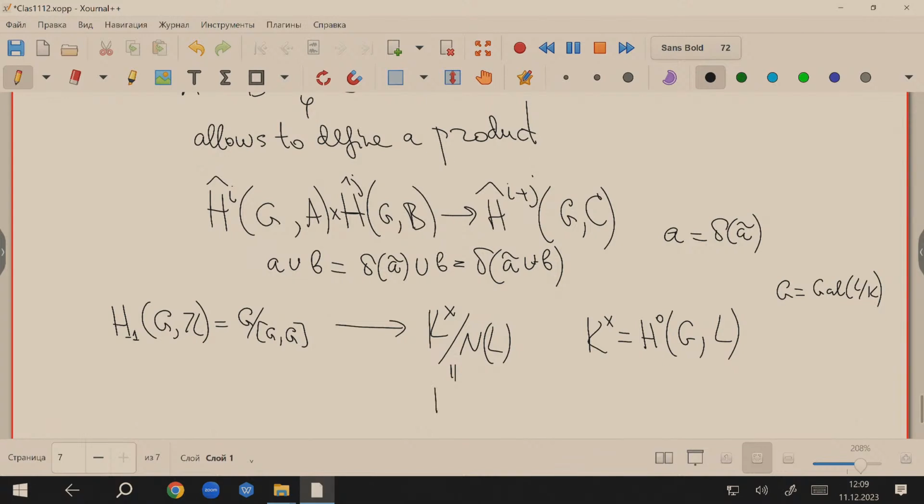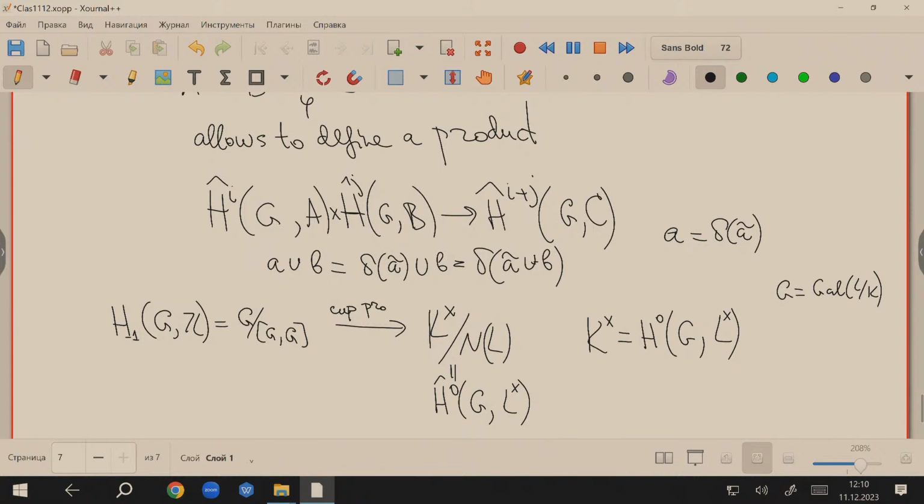So this guy is just H0 of G. So by Tate, of G L. And so the claim that we are going to prove is that this is just cup product in terms of Tate cohomology.